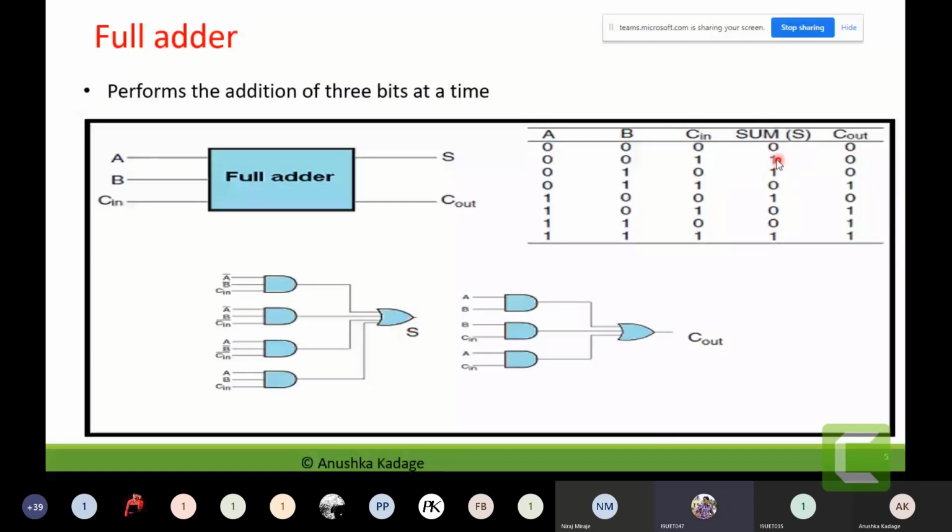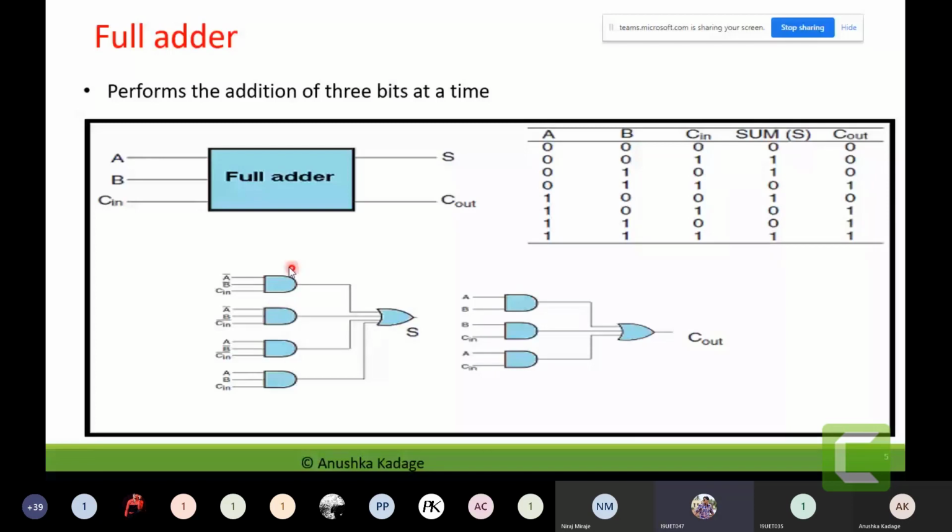So here, this 1 is represented for A dash, B dash and C. So let's check the first gate combination, as it is a product value. So here ANDing gate has to be represented.